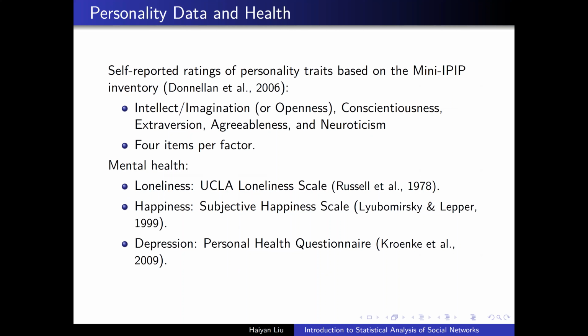For the personality data, we use self-reported ratings of personality traits. Basically, we provide a mini IPIP inventory to each student and ask the students to report their answers to each question. There are 4 items per factor, and it measures 5 dimensions of personality using the OCEAN model.